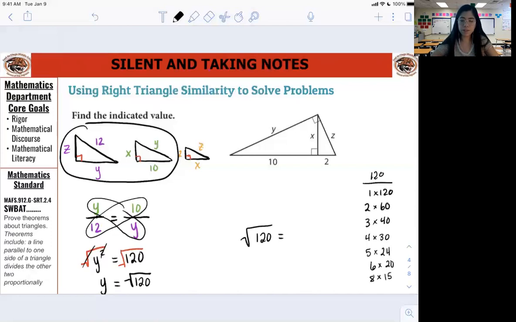And I think the last one would be 10, right? 120 is not divisible by 9. So 10 times 12. Okay, which of those numbers is perfect?